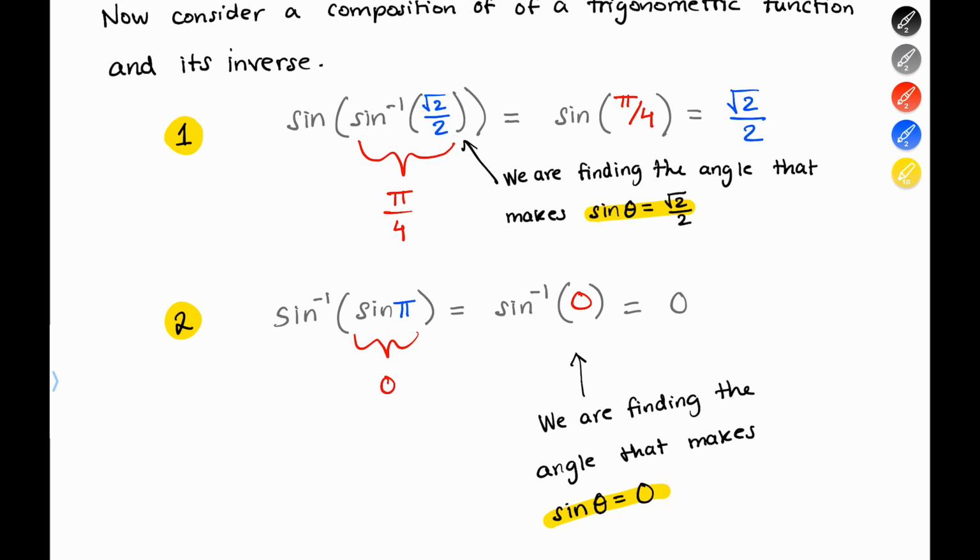So in this case, sine of pi is equal to 0, and so this becomes 0. So sine inverse of 0 is also equal to 0. So in this first example, we are finding the angle that makes sine theta root 2 over 2. And in the second example, we're finding the angle that makes sine theta equal to 0.